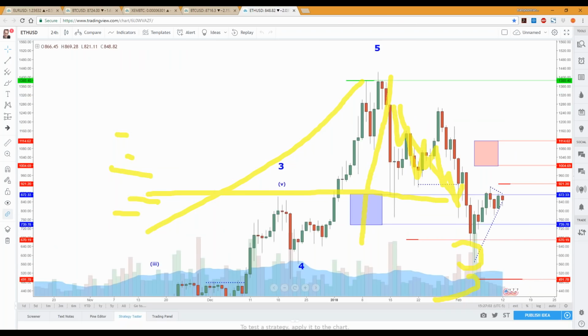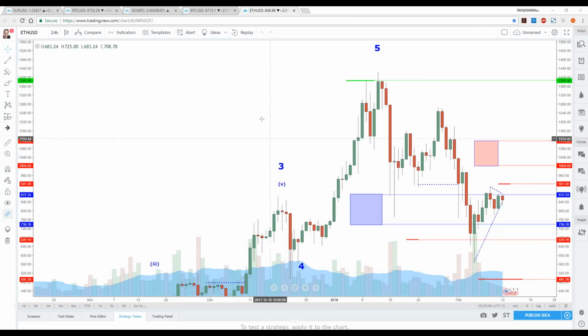Here we have a third chart showing Ethereum, and we have a nice little triangle built in here. We have our Fibonacci levels drawn on the chart.